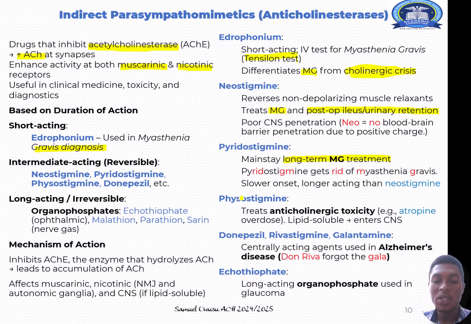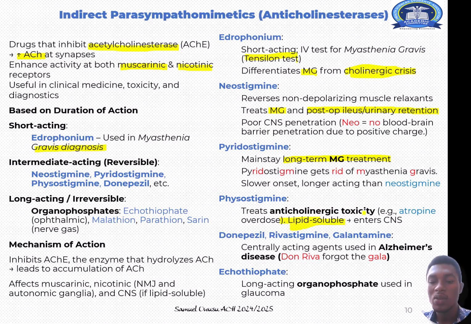We also have physostigmine. Physostigmine is used in the treatment of anticholinergic toxicity, and it freely enters the CNS because it is lipid soluble.